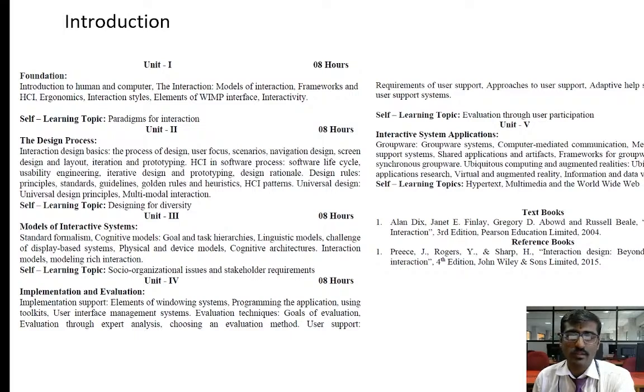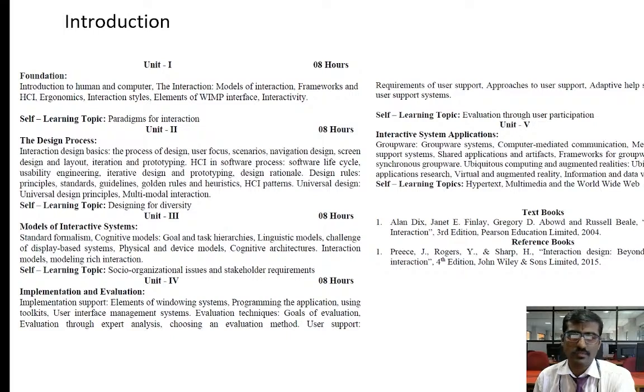Most importantly, you'll be learning about the software life cycle that is implemented across the globe in this domain. Then you'll be learning about the various design rules, principles, standards, guidelines, and you'll be learning about patterns and universal design.